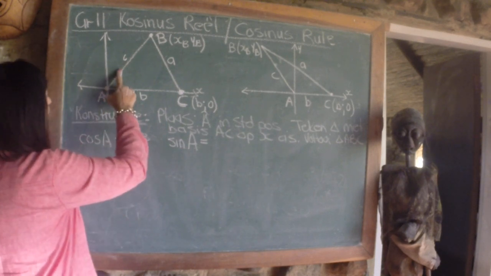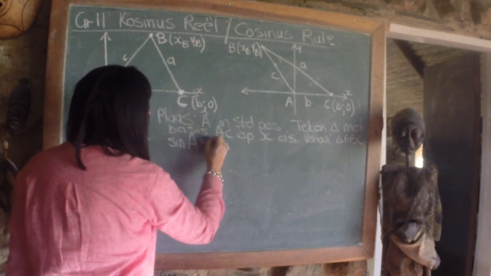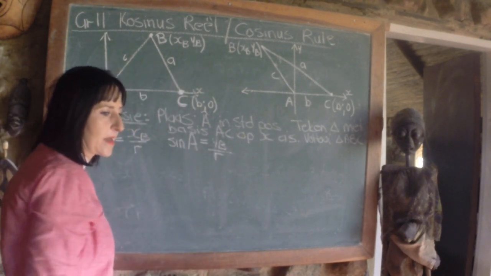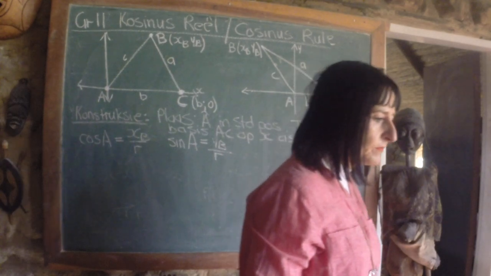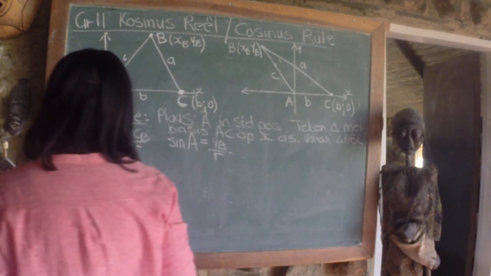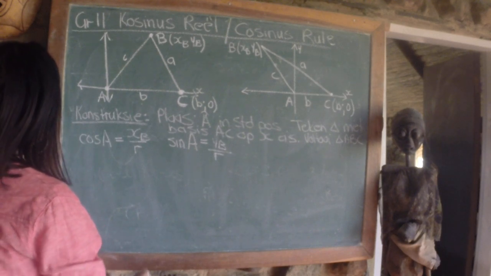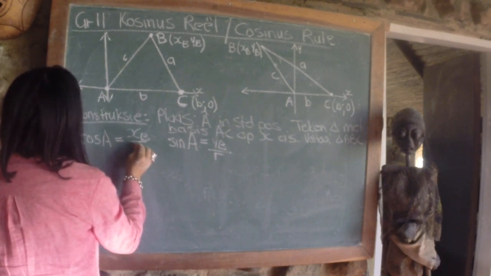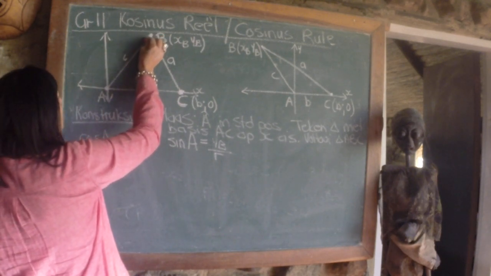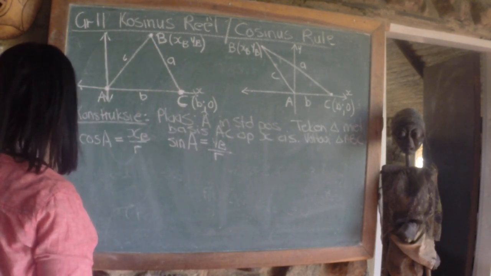So the sin of A is going to be AB over r. Okay, so now the r value is the radius, so the r value equals c.